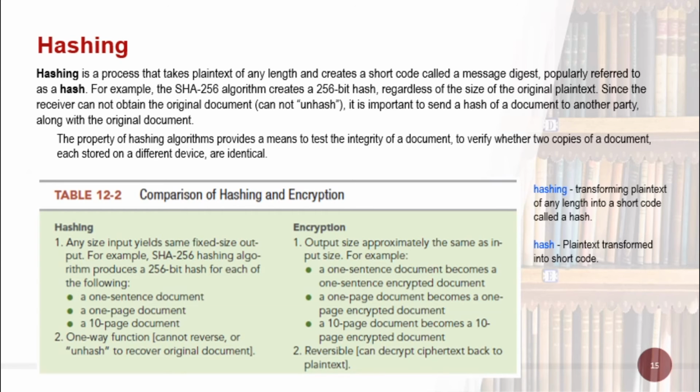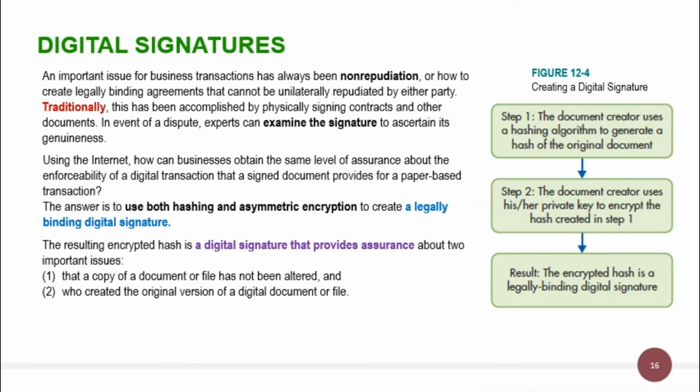Okay, I hope you understand about that. And then another one to secure confidentiality and privacy is using digital signature. An important issue has always been non-repudiation. Non-repudiation means cannot be cancelled, or how to create a legally binding agreement.